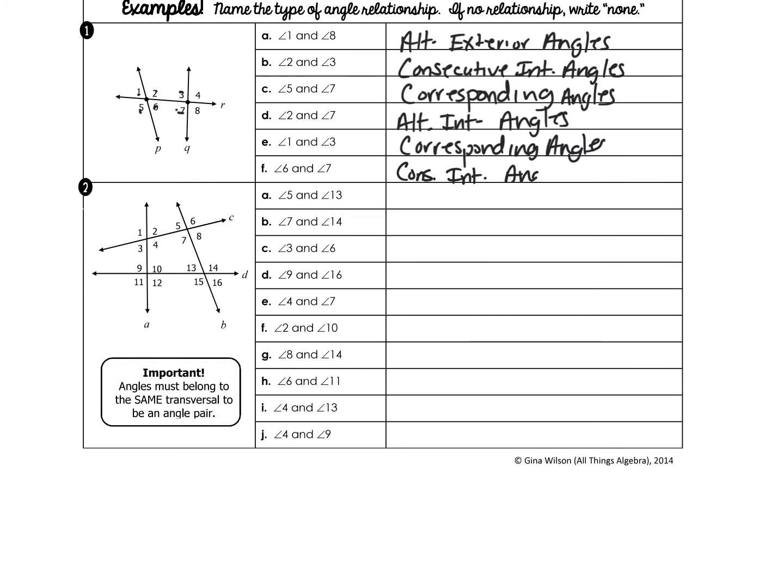Okay. All right, next example, angle 5 and angle 13, a little bigger here, okay? Don't be intimidated. Those are corresponding. Angle 7 and angle 14, alternate interior. Angle 3 and angle 6, alternate exterior.